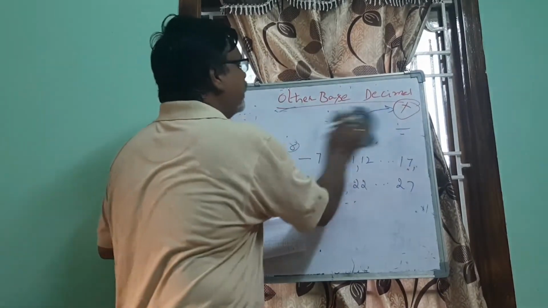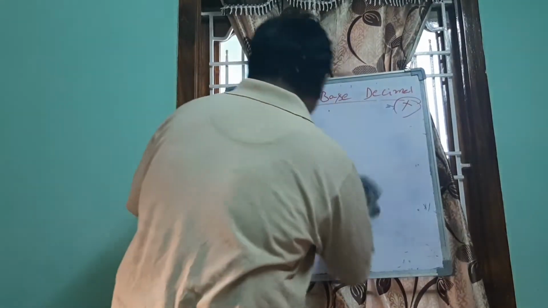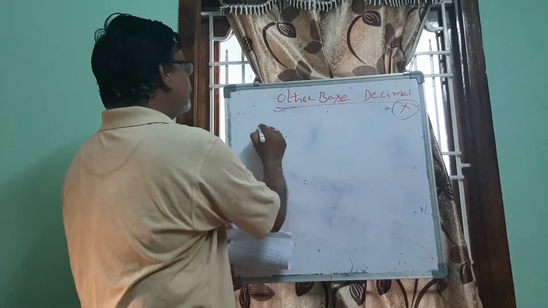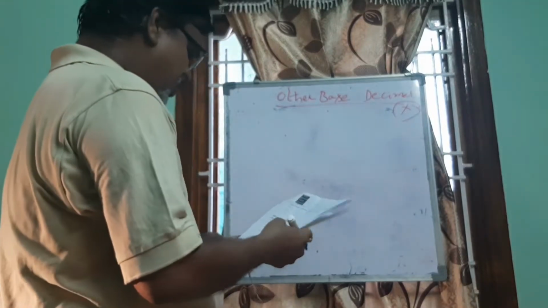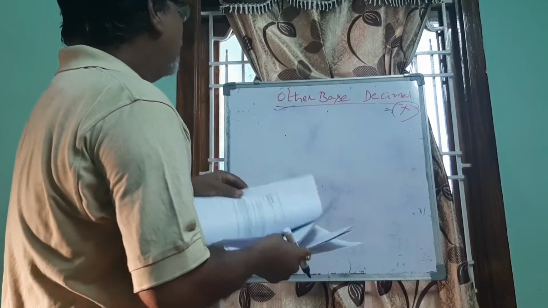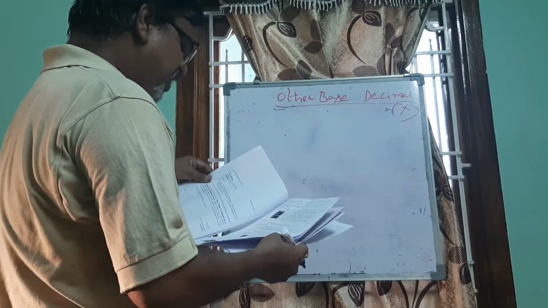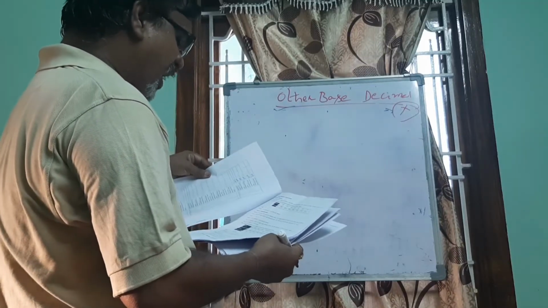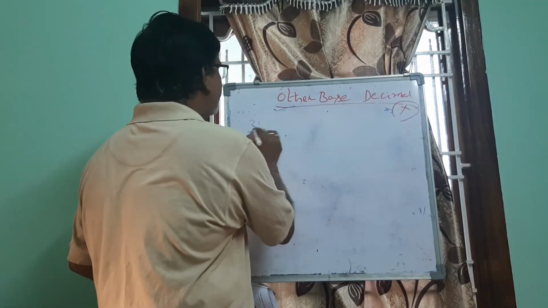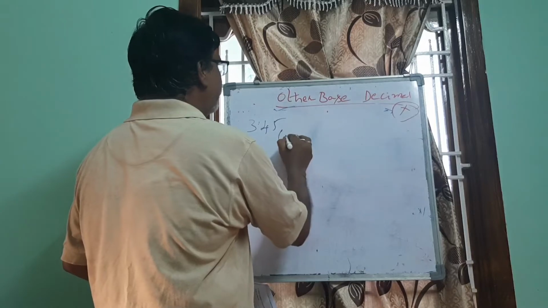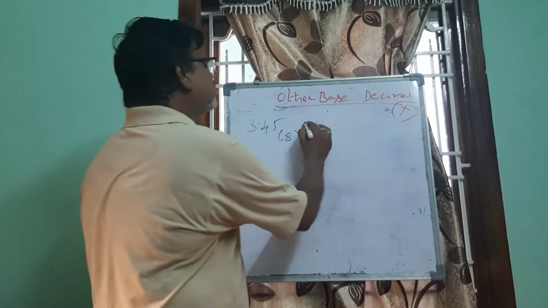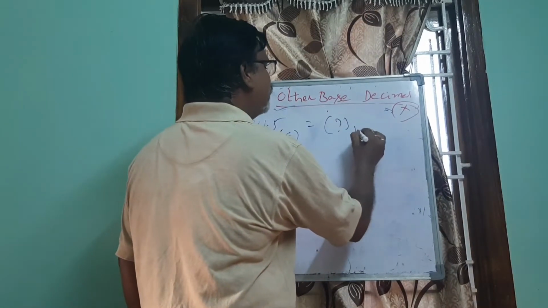Then you take a genuine octal number to convert it to decimal. We'll take one already pre-calculated number, because it will be easy for us to calculate. 3, 4, 5 base 8. So how much is this in decimal value?